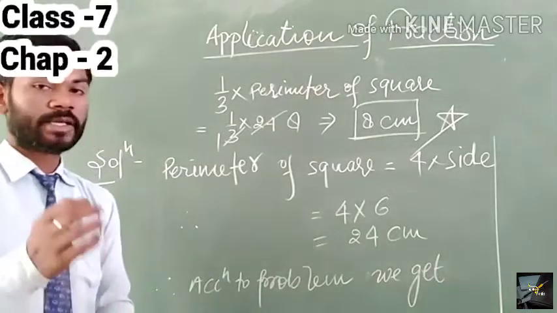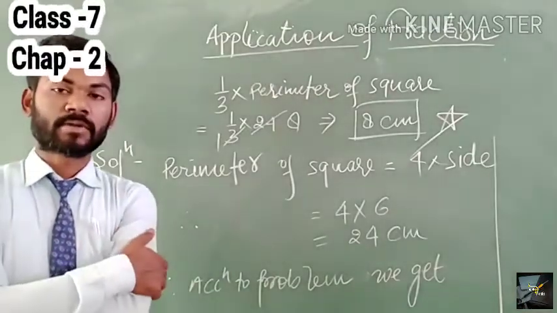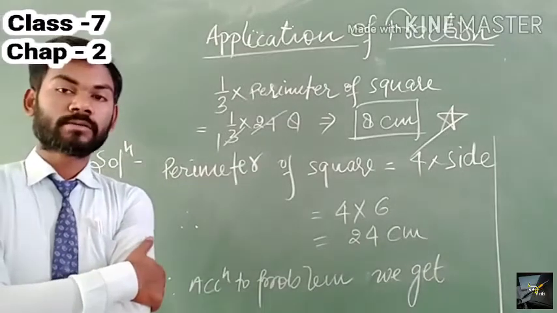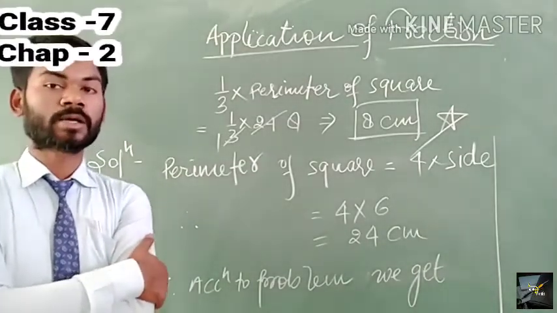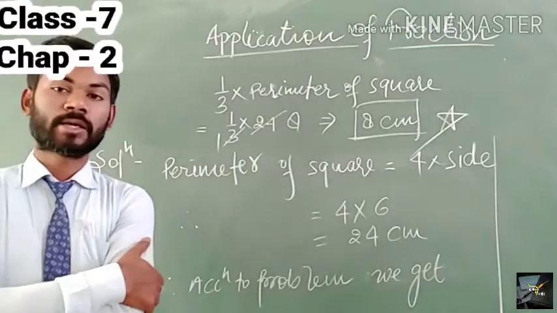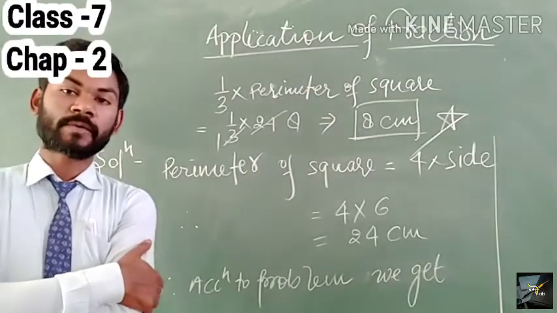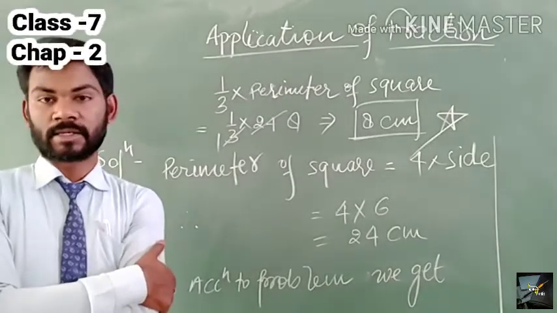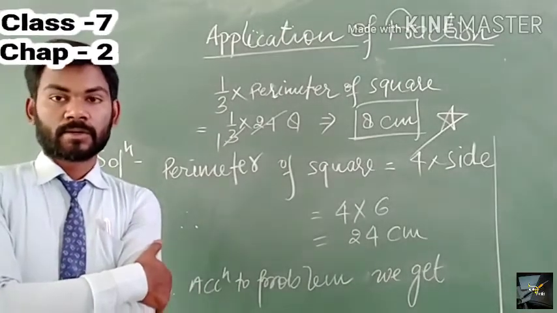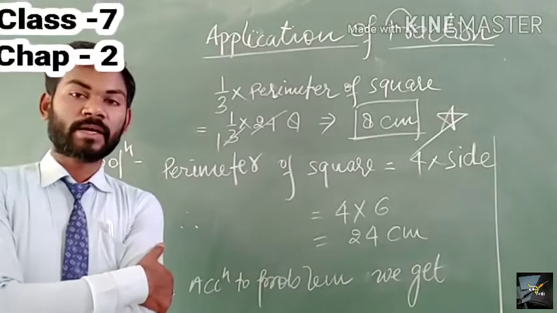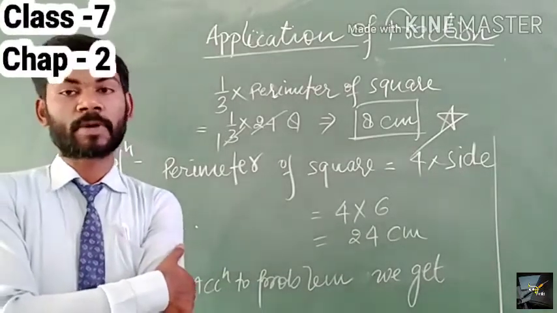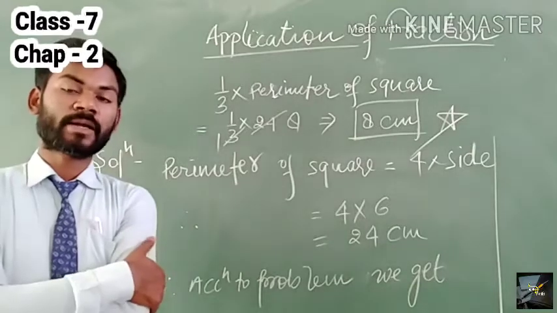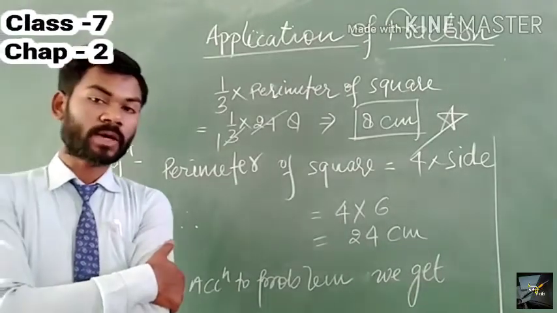Once again, listen to the question carefully. The question says, what length is 1/3, that is 1 by 3, of the perimeter of a square whose side length is 6 centimeter. So first of all, we need to find out the perimeter of the square.